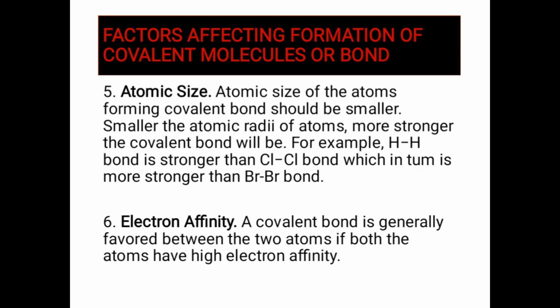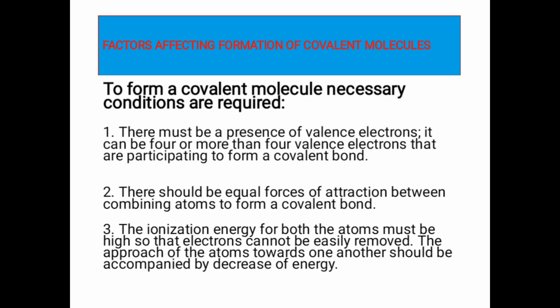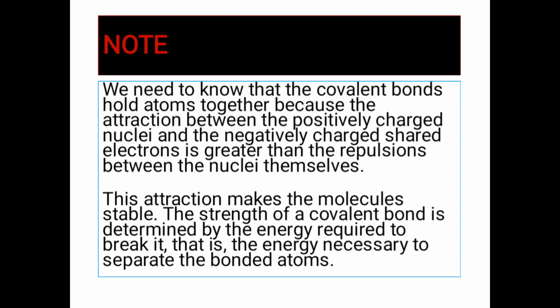So high electron affinity, small atomic size, very small electronegativity difference, presence of valence electron, equal forces of attraction, and of course high ionization energy. So all these are factors that determine formation of covalent compound, or factors affecting formation of covalent bonds respectively.